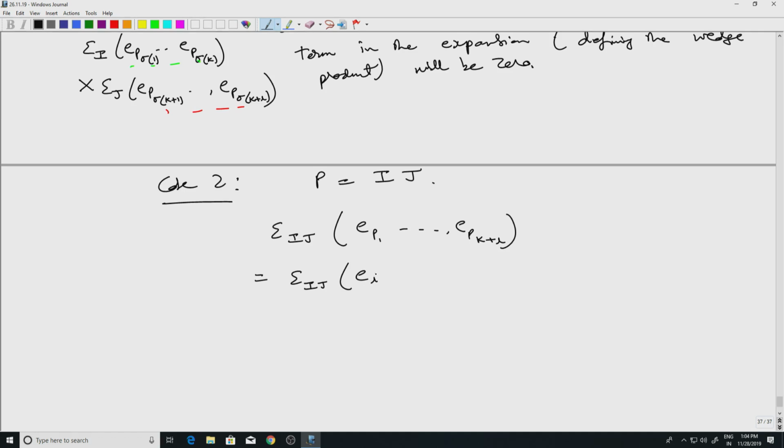evaluated on e_{I1}, since this index set is a concatenation, e_{Ik}, then I'll start with e_{J1}, e_{Jl}. Now this is equal to 1 again by the definition.